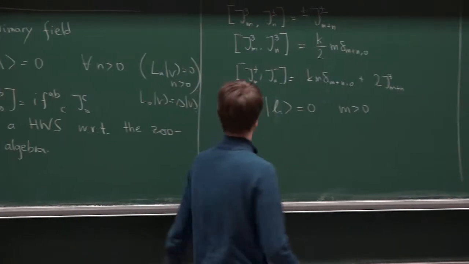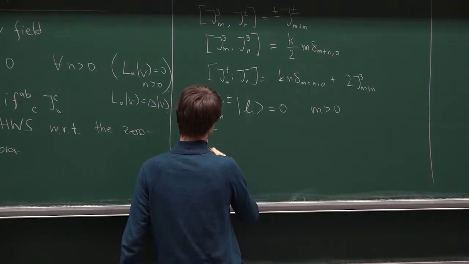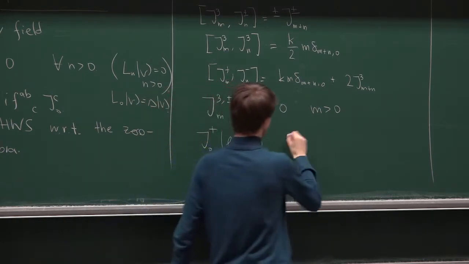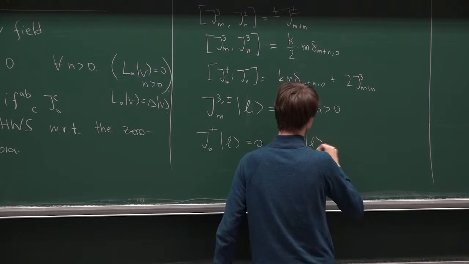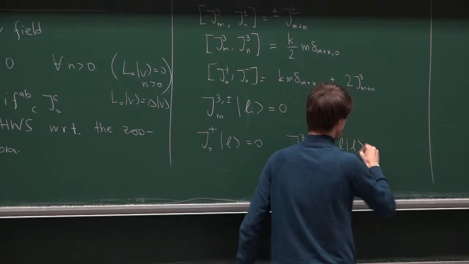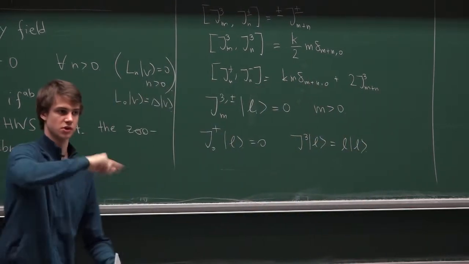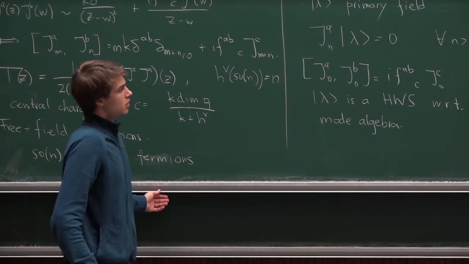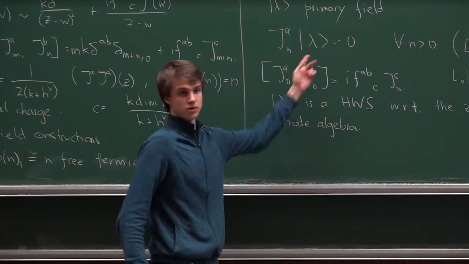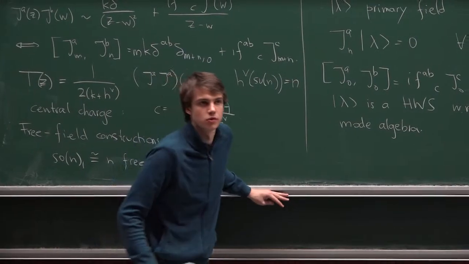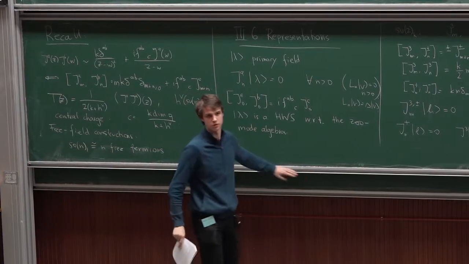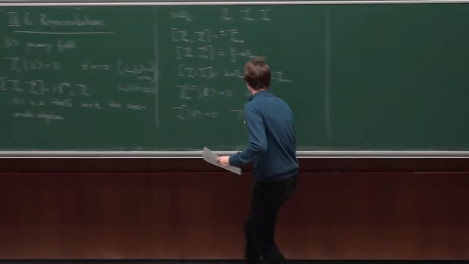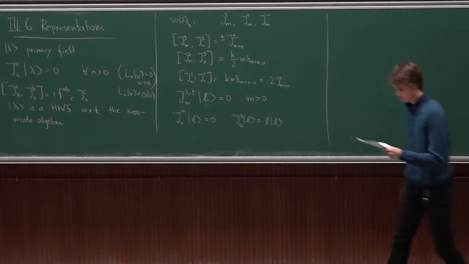So this L is just my spin. So I want that J plus on L is 0, because it's the highest weight state, and J3 on L is L times L. And J minus on L generates the other states in the SU(2) representation. In general, this lambda you can think of in terms of Dynkin labels, if you know what that is, but it's just some labels to describe the highest weight state. And sorry, I forgot the 0 here.